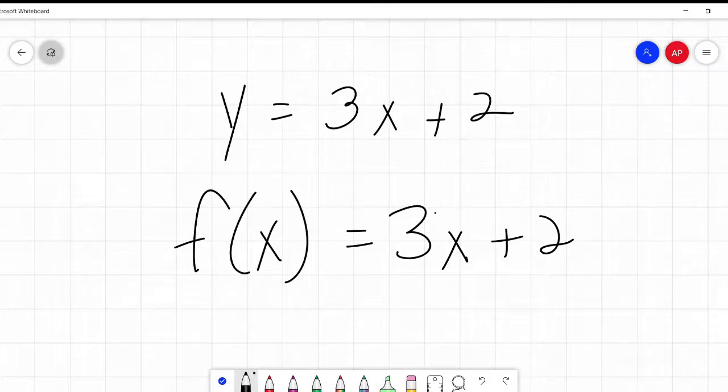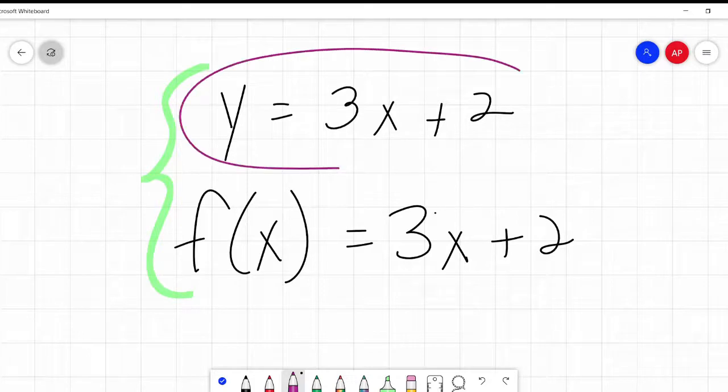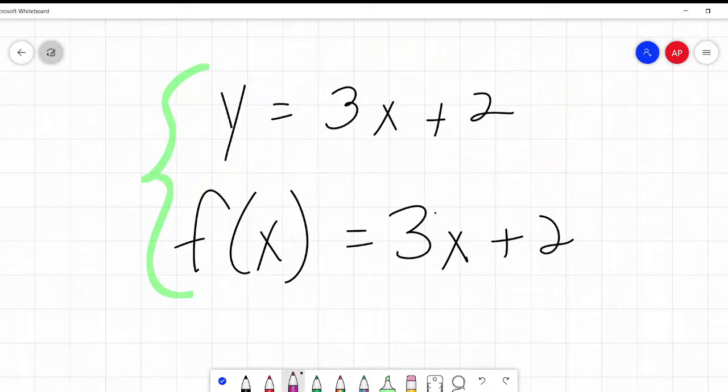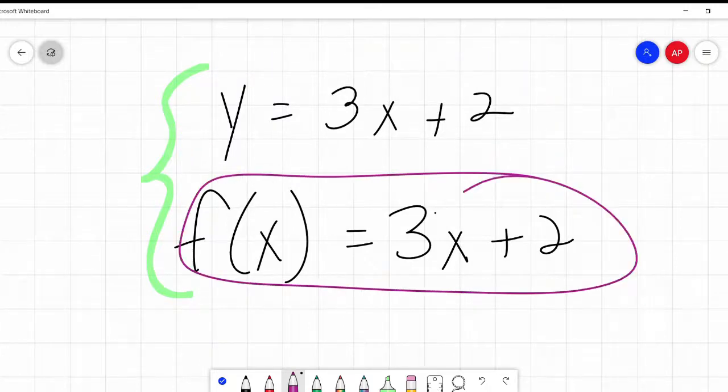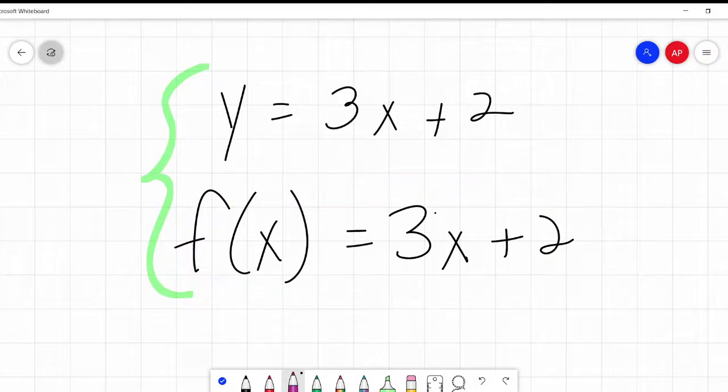For these equations and functions, a simple way to differentiate between them is where the focus is. For this one, I could plug in a y, get an x, plug in an x, get a y. And you can technically do that with this, but that's not the function of it. That's not the point of it.